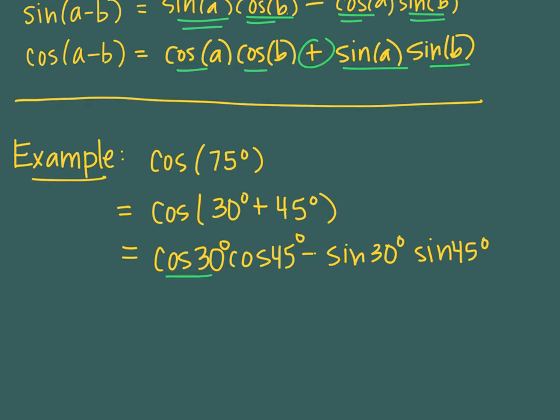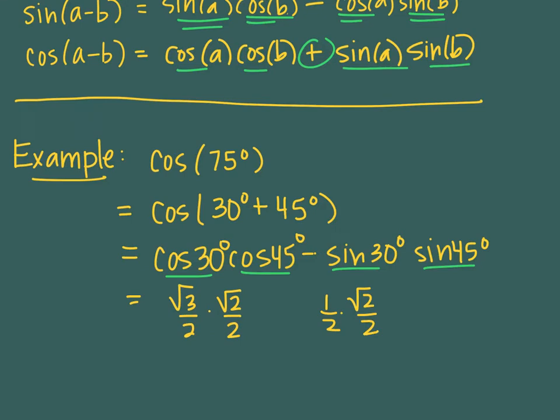These are all on your unit circle. Cosine of 30 degrees is square root 3 over 2. Cosine of 45 degrees is square root 2 over 2. Sine of 30 degrees is half. And sine of 45 degrees is root 2 over 2.